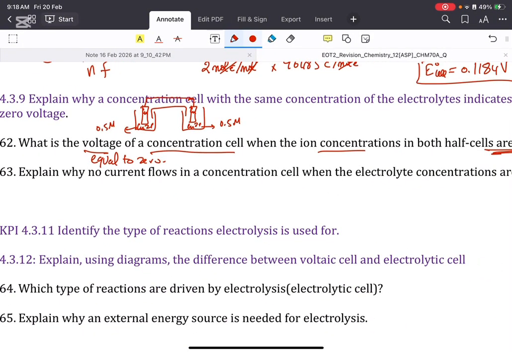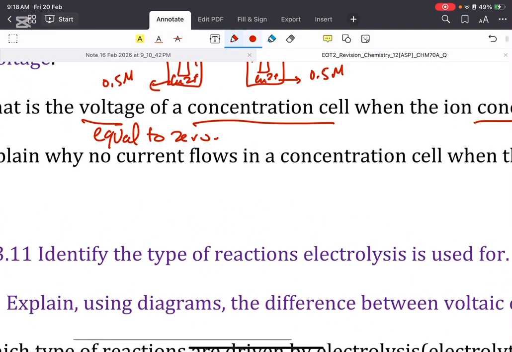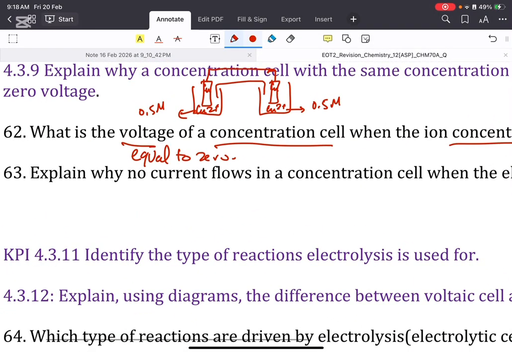Explain why no current flows in a concentration cell when the concentrations are equal. Because to have a current, the concentrations must be different, and the higher concentration will decrease, the lower concentration will increase until both become equal. And at that point we say that the concentration cell is discharging and eventually the voltage will become 0.